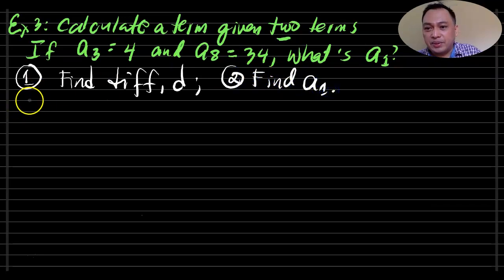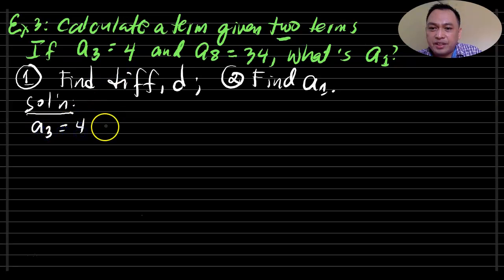Okay, let's go to the solution. The solution is very simple. Let's imagine here a3 is equal to 4, and then a8 is equal to 34.